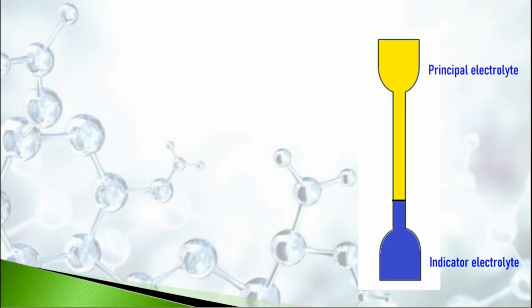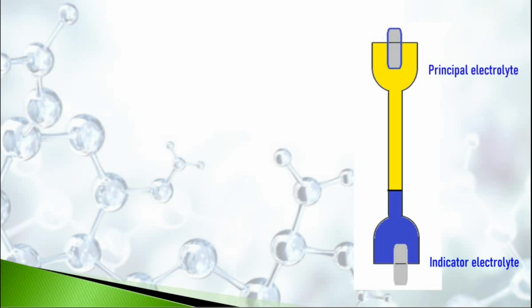So it comes at the lower end, and principal electrolyte, which is the lighter one or having lower concentration, fills upper part of the tube. And there comes a boundary between these two types of electrolytes. Now electrodes are dipped in principal electrolyte and indicator electrolyte, which is in turn connected with source of external EMF.